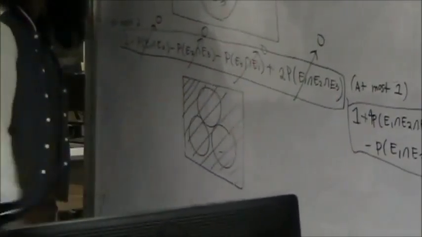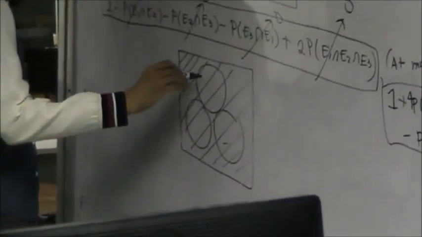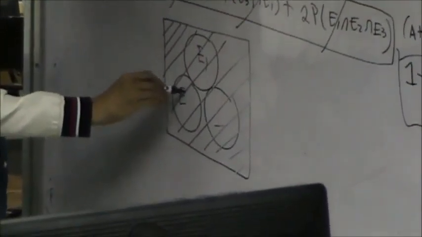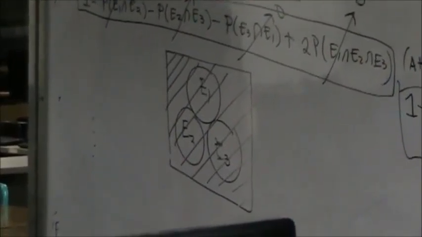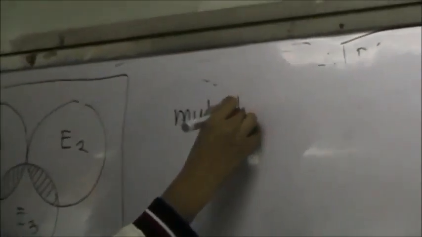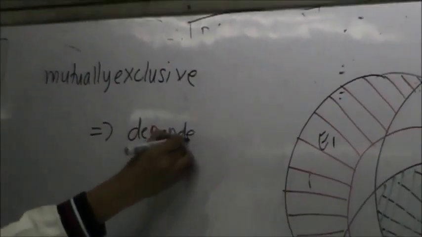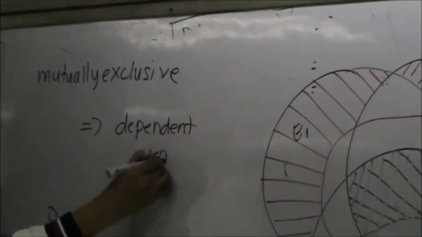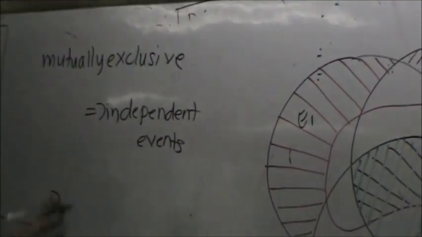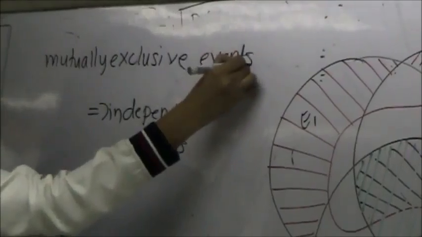What do we call this kind of events? Mutually exclusive events. Is that the same as dependent events? Or in that case, independent events? Is it the same?